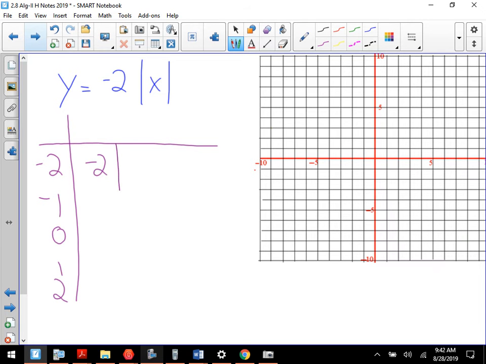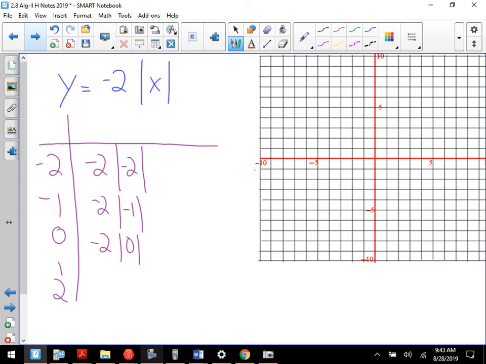Oops, I always get a habit of making them parentheses by mistake. As you start generating and using your table with the absolute value function, those uprights, when you're doing order of operations, treat those like you would have parentheses. The absolute value symbols are still kind of like a grouping symbol.